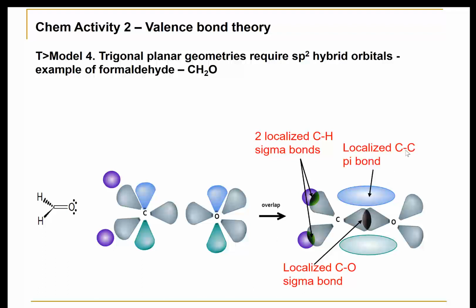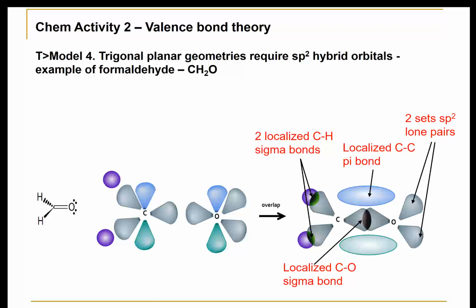Further, we have a localized carbon-oxygen pi bond, which involves the side-by-side overlap of each of the p orbitals from carbon and oxygen. Now remember, there's only 1 pair of electrons in this p orbital. The pair of electrons exists simultaneously both above and below the plane of our carbon-oxygen sigma bond. Finally, there are 2 lone pairs of electrons, and these would be in sp2 hybrid orbitals of our oxygen.